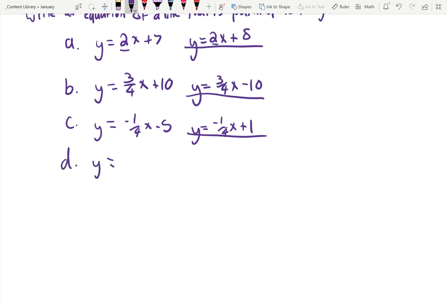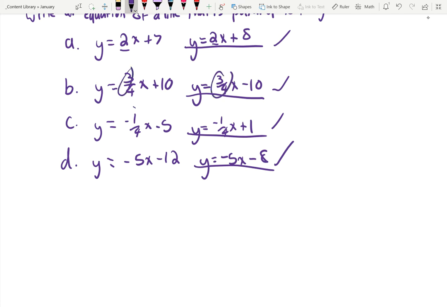So y equals -5x minus 12. So parallel would have the same slope, so -5x, but a different y-intercept. So let's say the y-intercept is -8, instead of -12. Different y-intercept. There you go. These lines would all be parallel to their original counterpart, because they have the same slope, 2, 3/4, -1/4, -5. Same slope, but different y-intercepts.